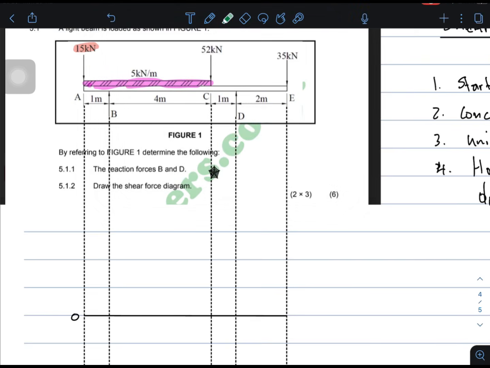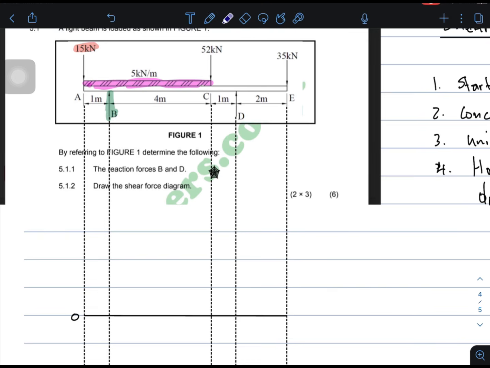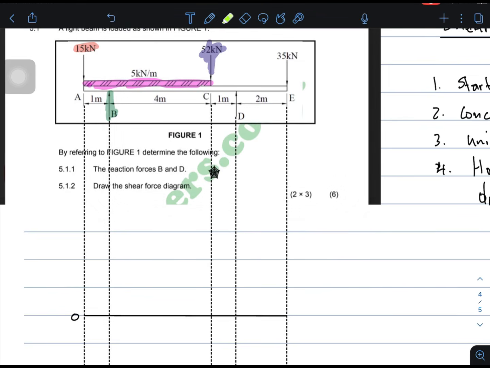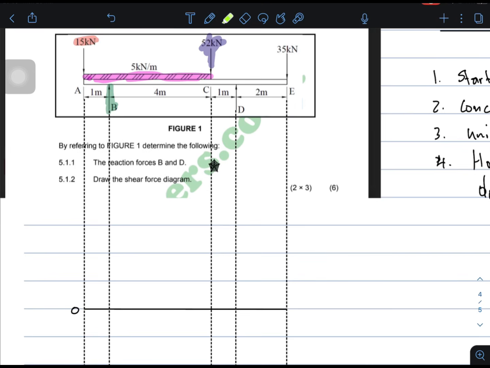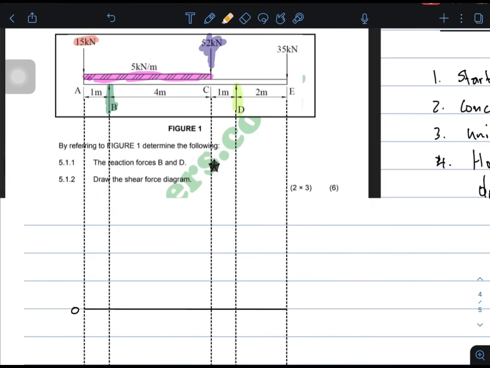Then green for the reaction force B. Then blue for the 52 kilonewton force. Then light green for the reaction force D. Then orange for the 35 kilonewton force.